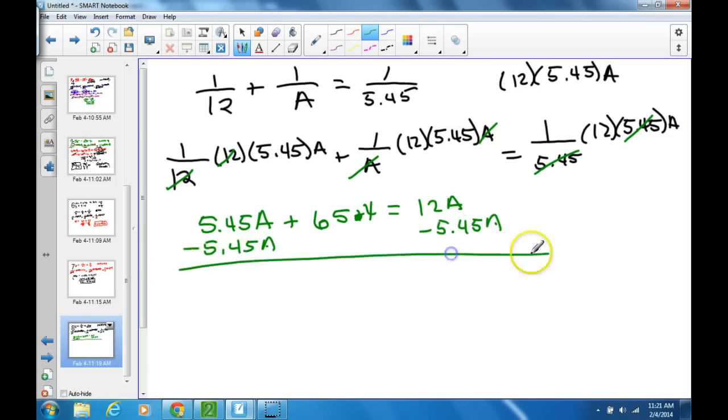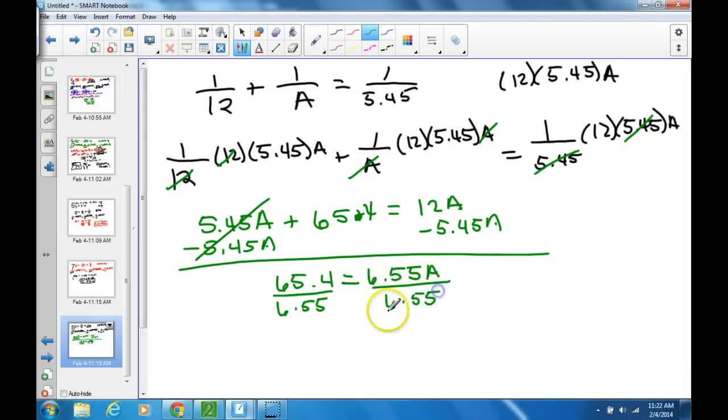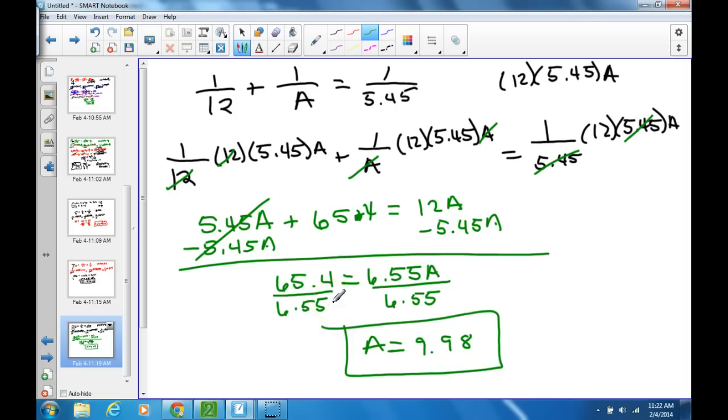When we do that, we have 65.4 equals 6.55A. Now what? Divide by 6.55. When you do that, you get an A of about 9.98. So it takes Amanda close to 10 hours to mop the warehouse.